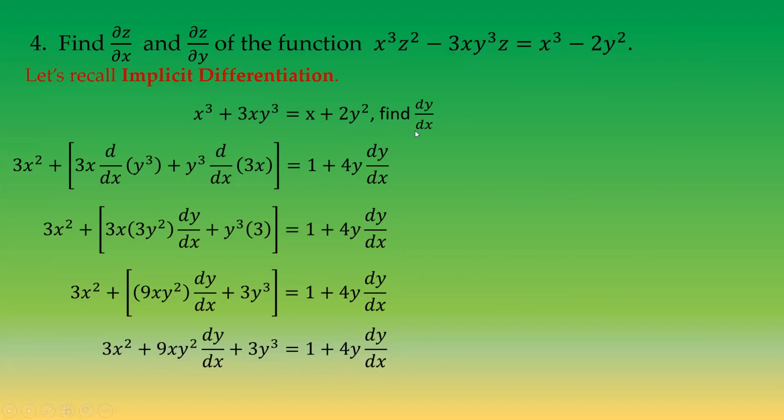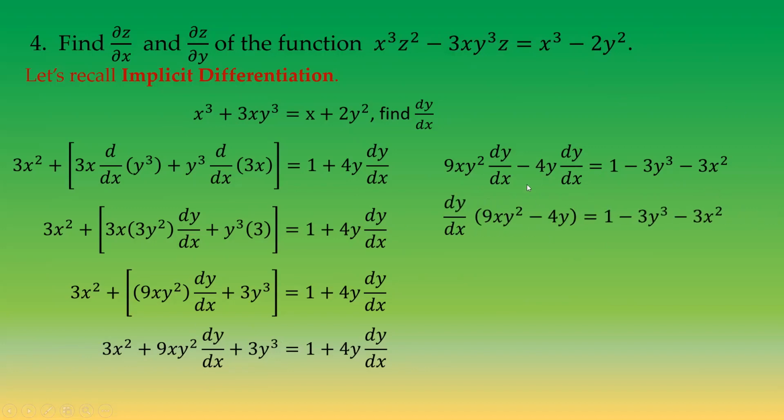Kailangan magkasama yung unknown, hinahanap natin. Ito namang 3y cubed at 3x squared, kailangan i-transpose natin. Makakasama nung 1 sa ating right side. Then, magkakaroon tayo ng 9xy squared dy over dx, lipat ito, minus 4y dy over dx equals 1 minus, lipat yan, 3y cubed minus 3x squared.